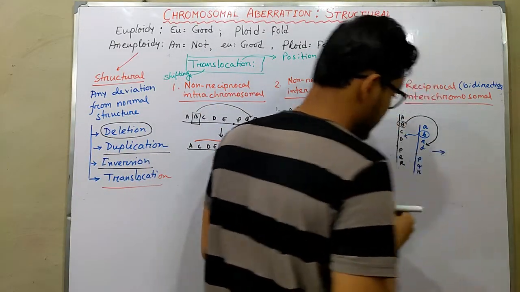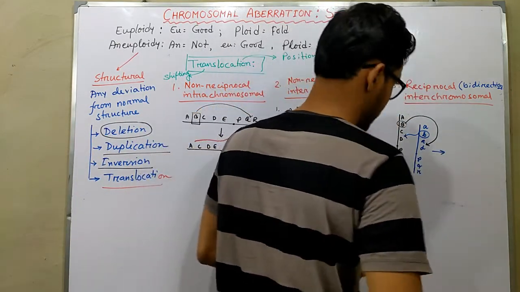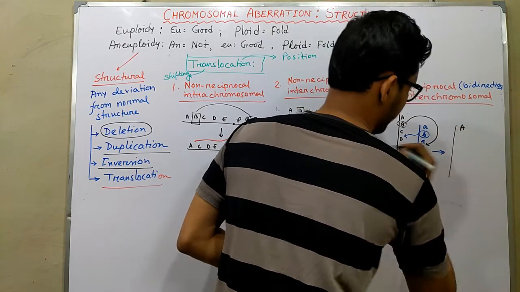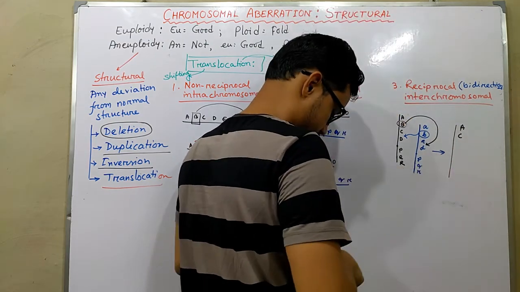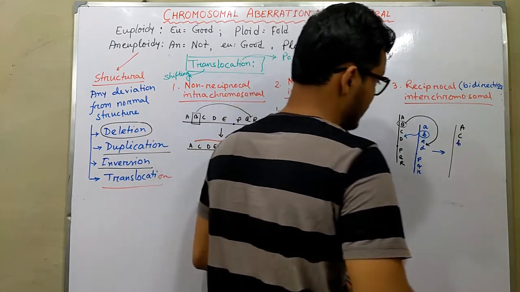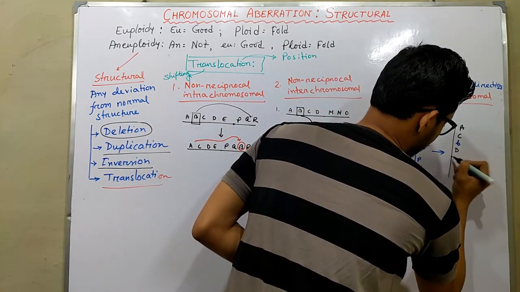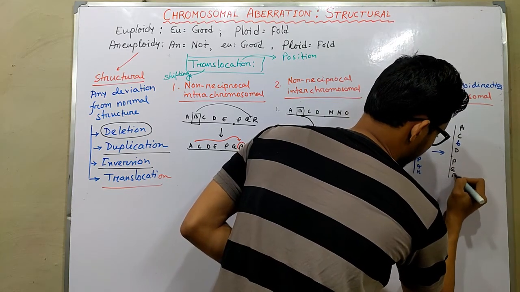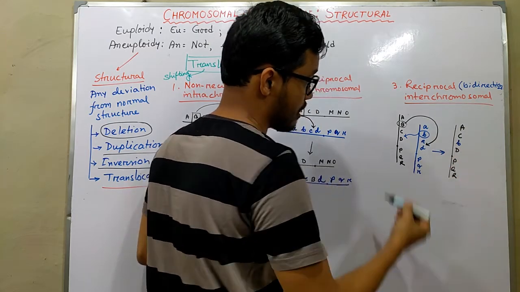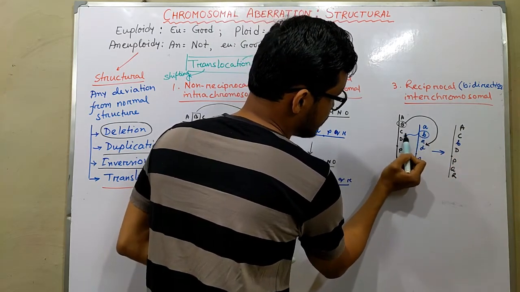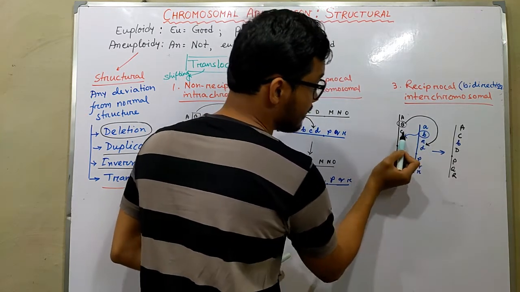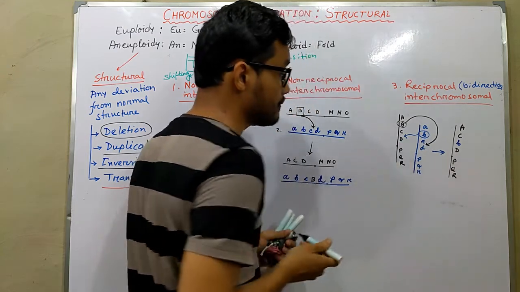So in the first chromosome we have A, C, small b, D, P, Q, R, because small b is shifted from chromosome number 2 to chromosome number 1 and joined in between C and D of the first chromosome.